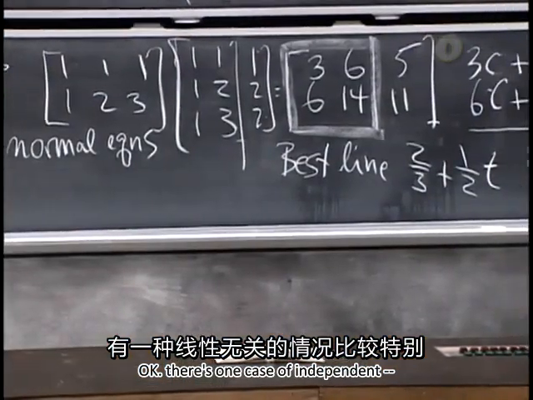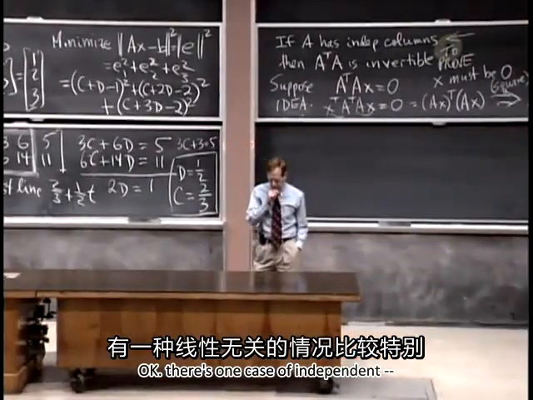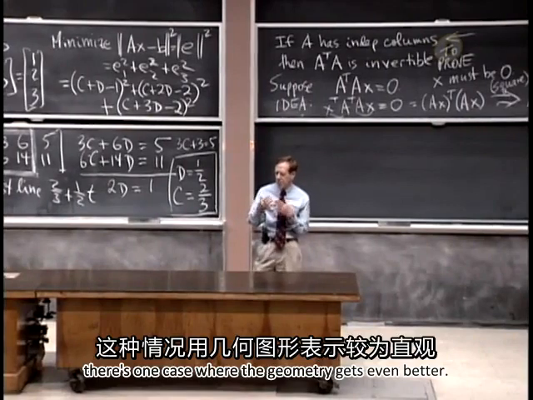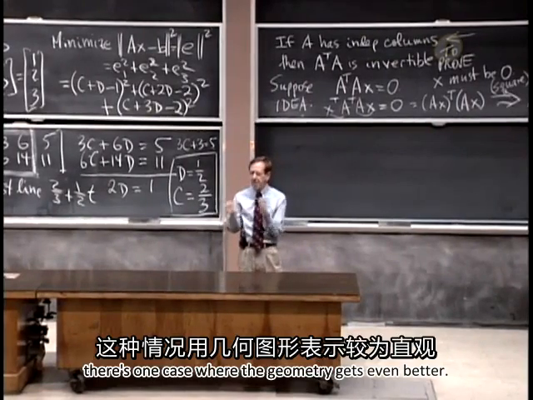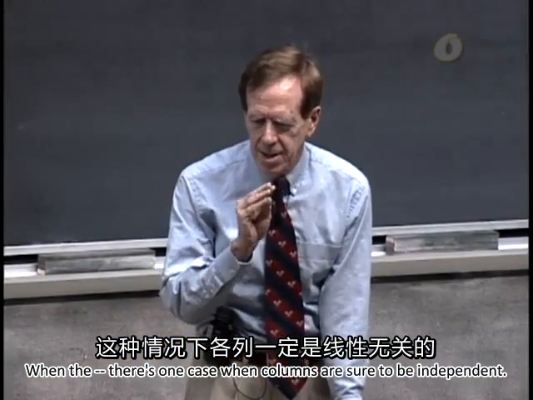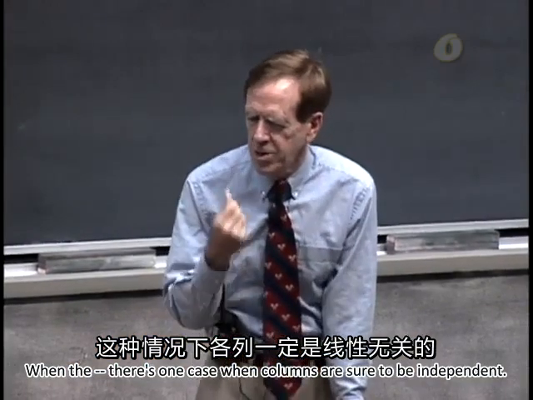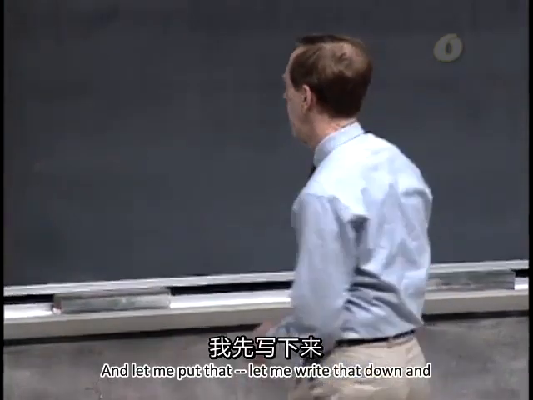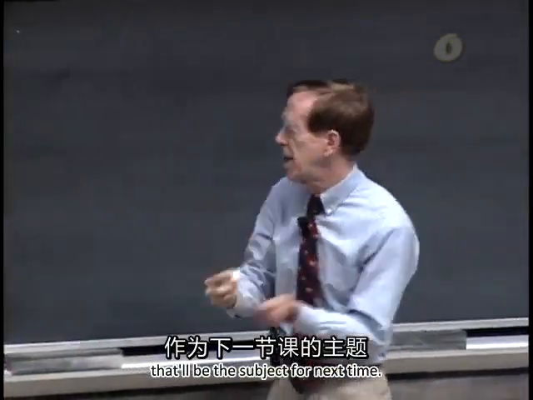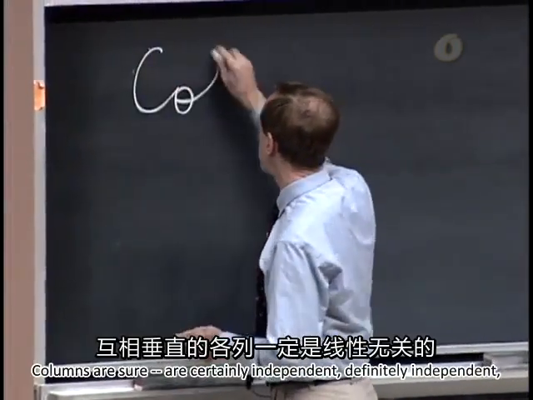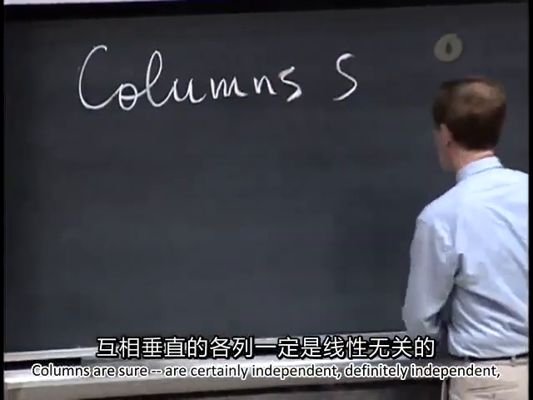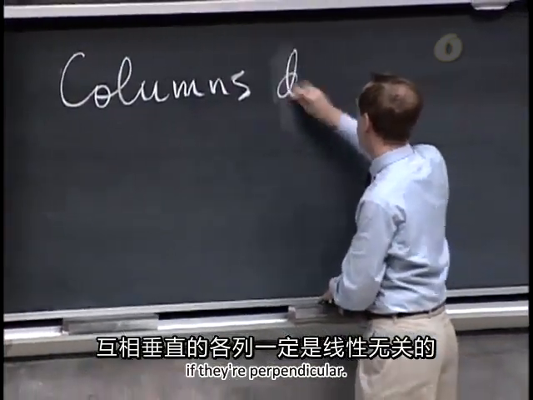There's one case where the geometry gets even better. There's one case when columns are sure to be independent. Let me write that down, and that'll be the subject for next time. Columns are certainly independent, definitely independent.